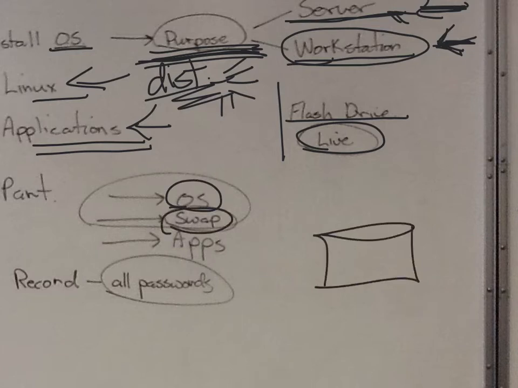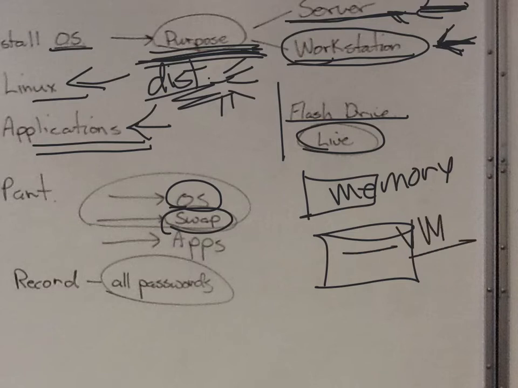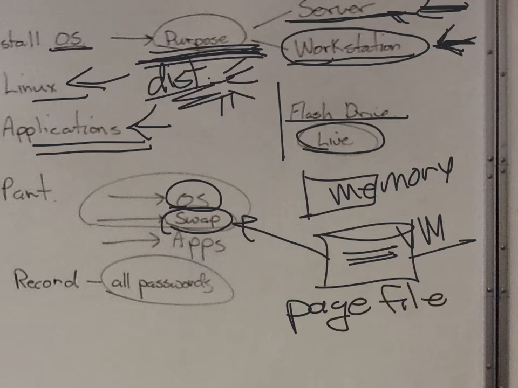The system, if you have this being memory, you can put virtual memory on the hard drive. It's referred to as a swap file, often called a page file. It's a contiguous space on the hard drive that can be treated as memory.